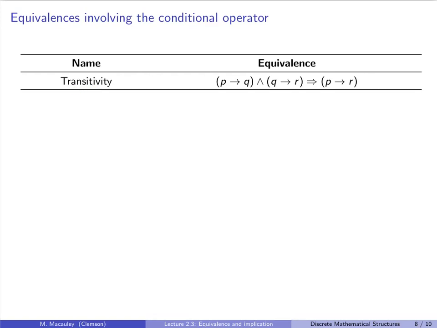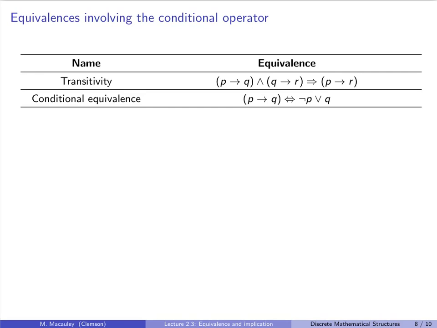It says that if P implies Q and Q implies R, then that proposition implies P implies R. Now notice I've used implies in two slightly different contexts, one of them to describe the conditional operator, but also to describe implication, as we defined it formally earlier. Next up, something that we saw a few slides ago, conditional equivalence. P implies Q is equivalent to not P or Q.